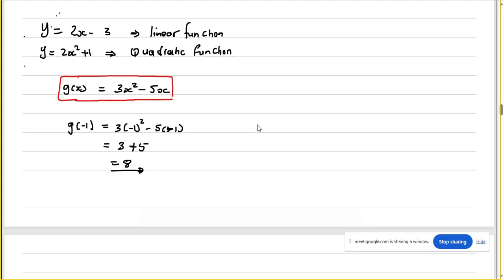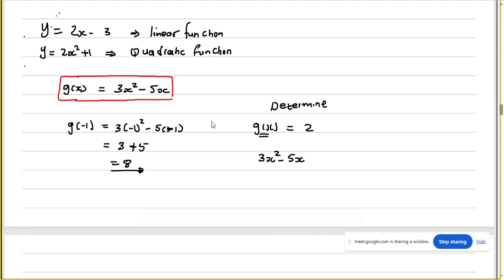Yes. But what if g(x) is equal to 2? When it's given like this and they want you to determine g(x) is equal to 2, already you know what your g(x) is, right? It's 3x squared minus 5x.